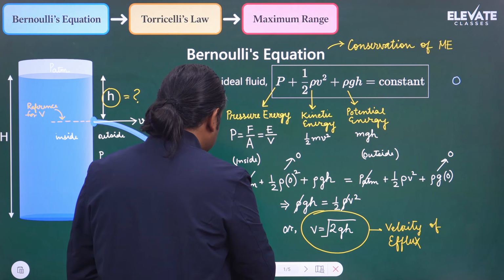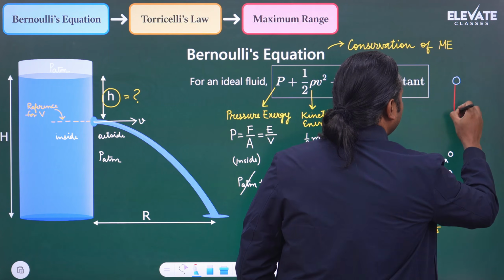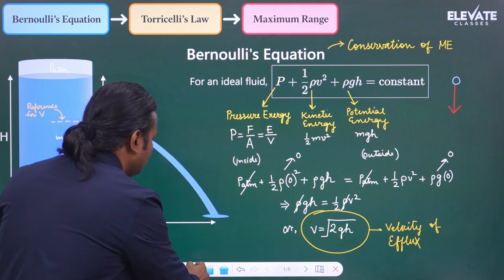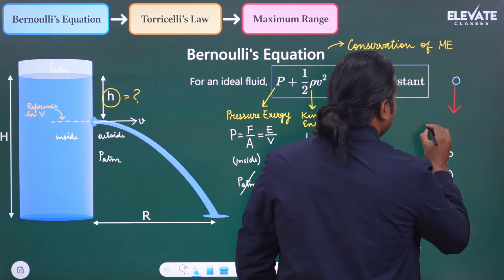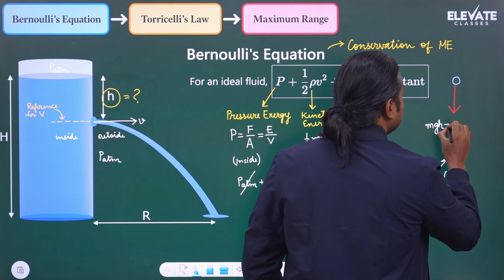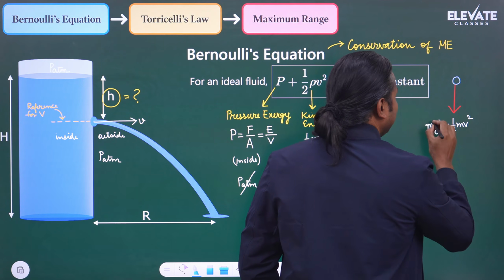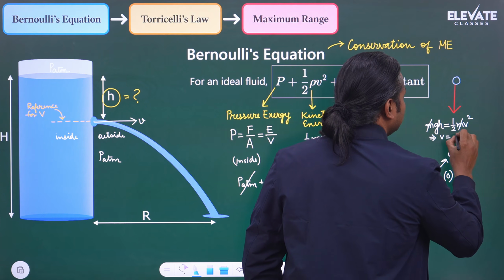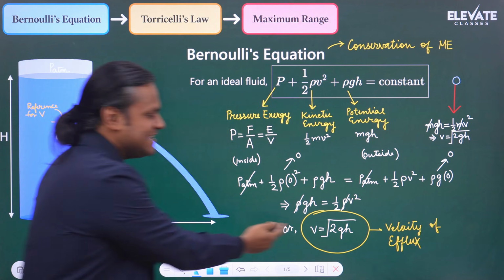If you try to calculate what's going to happen to its velocity, then by a very simple calculation you can show that the potential energy mgh of the particle gets converted to the kinetic energy half mv square. Again, by a simple calculation, the speed comes out to be root over 2gh. Exactly the same as this.